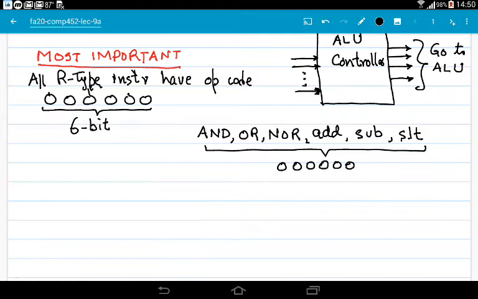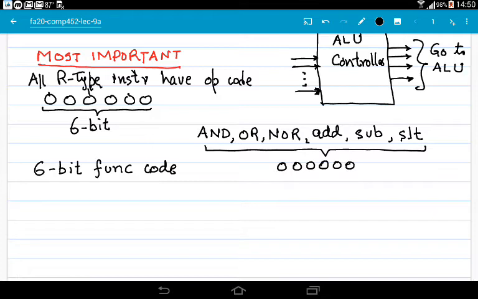If you remember, there is a 6-bit function code which tells us the operation that has to be performed for any R type instruction.